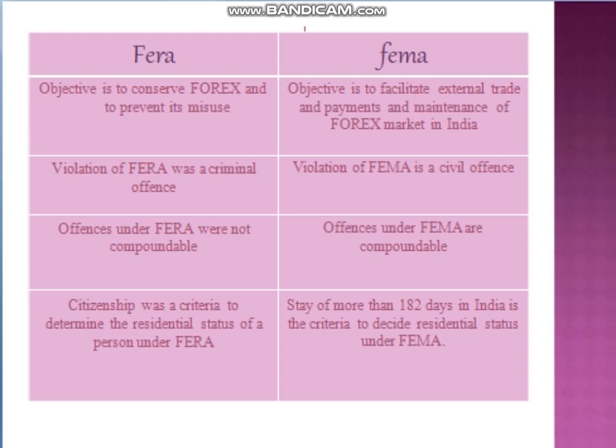Now the criterion of staying in India for 182 days to make a person resident has been brought under FEMA. If a person is staying for more than 182 days in India, then he is considered a resident in FEMA.